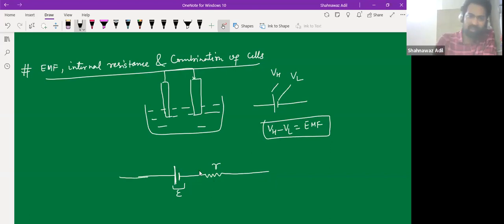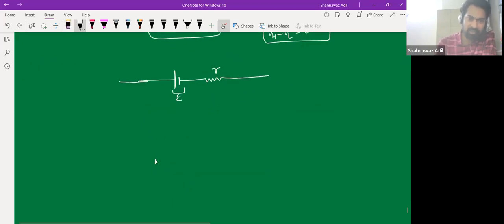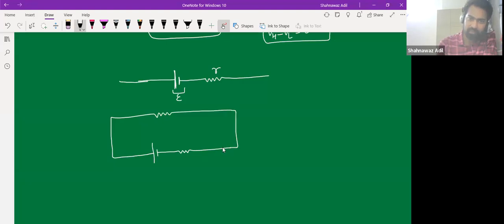Then when you connect it with this external resistance R, this is the EMF, this is the internal resistance, and this is the external resistance. The current is flowing in this direction and coming back in this direction.